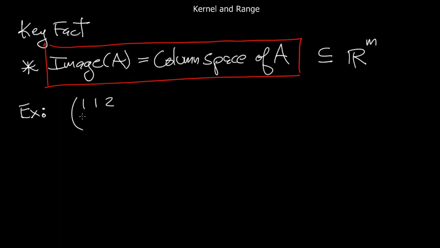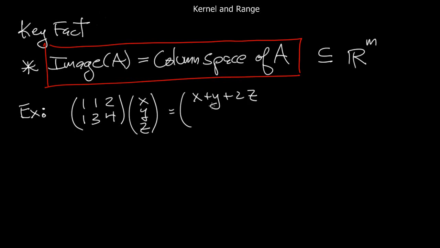Suppose I asked you for the image of this 2x3 matrix. Well, that is to say, by definition, it's all of the vectors that you can obtain by multiplying this by an arbitrary vector x, y, z. And if you do that, what do you get?